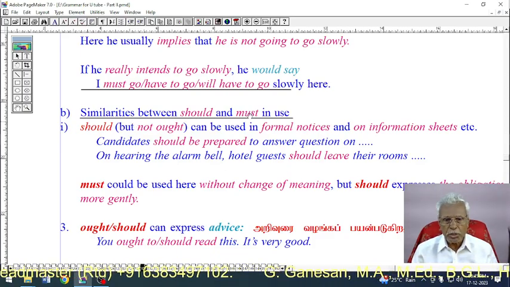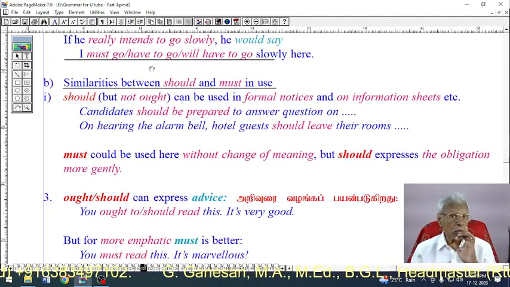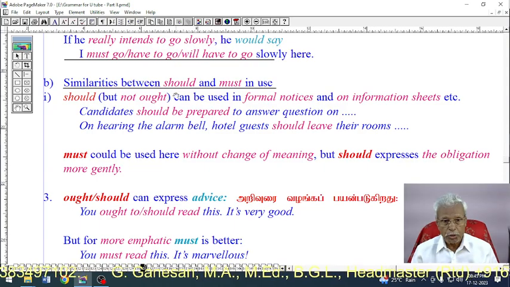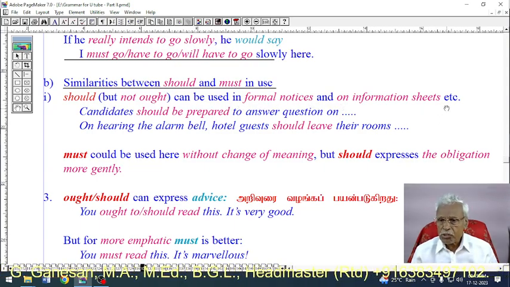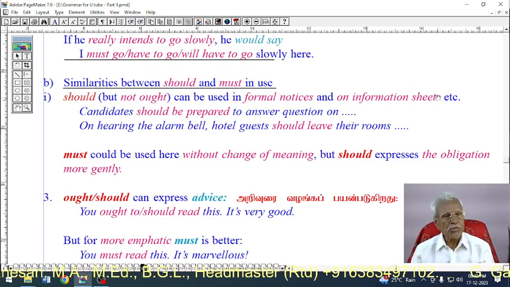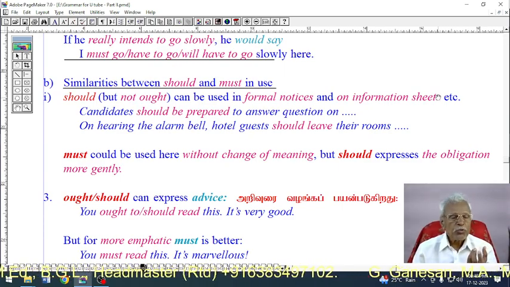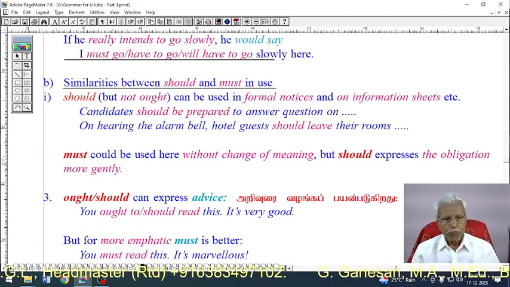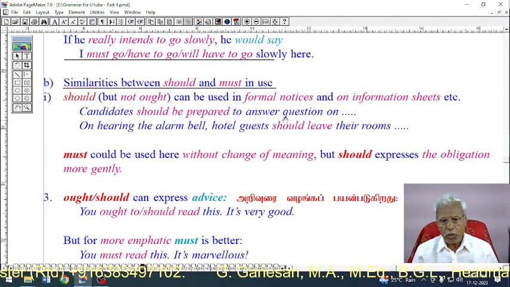Similarly, between should and must in use. Should can be used in formal notices and on information sheets. For formal notices and information sheets, we can use should. Candidates should be prepared to answer questions.